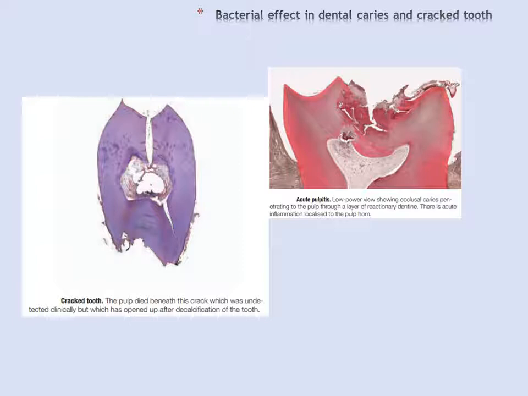If you see the occlusal caries penetrating to the pulp horn, and there is the occlusal caries penetrated to pulp through a layer of reactionary dentine, هذه المنطقة, and there is an acute inflammation localized to the pulp horn. فإذا تبعون بالpulp horn area أكو infiltration of inflammatory cells.